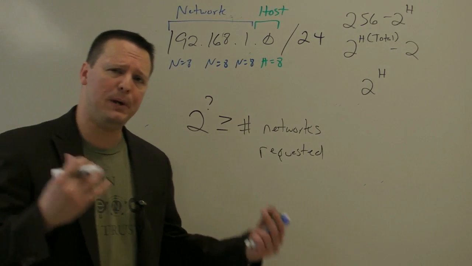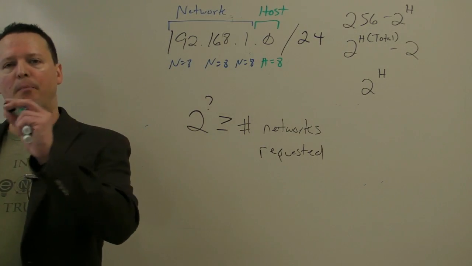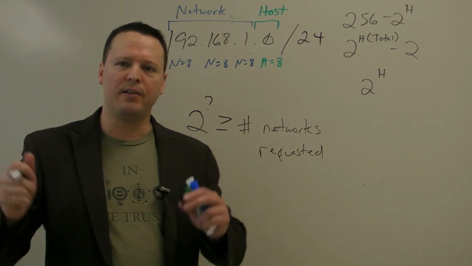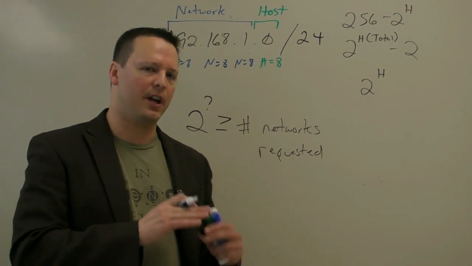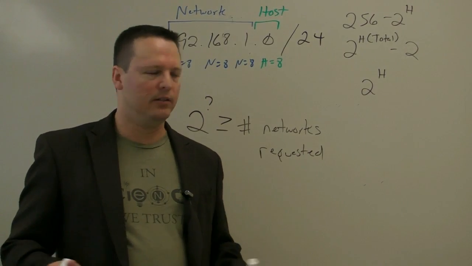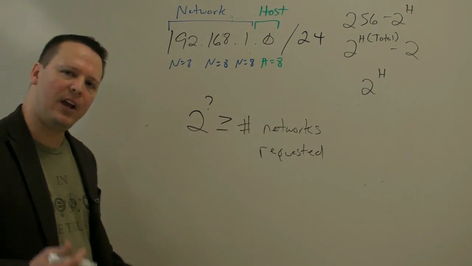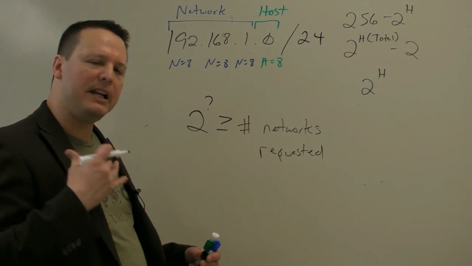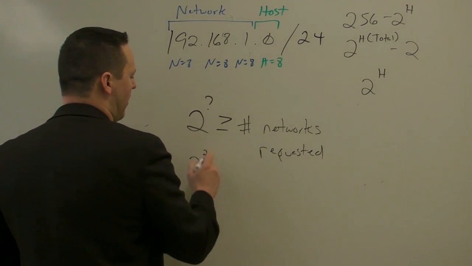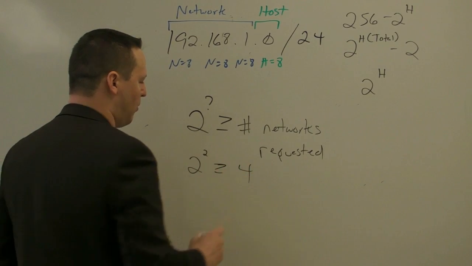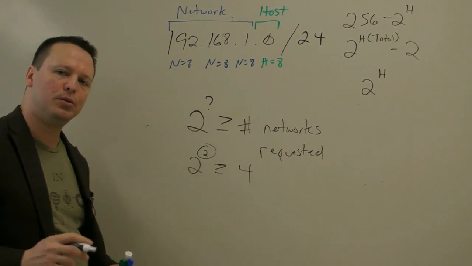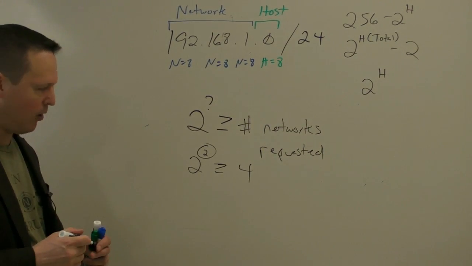You want to think in bits and be able to go from bits to the decimal value and the decimal value back to bits interchangeably at will. So, for my example, I said 4 networks. I immediately think 2 squared is greater than or equal to 4. I need to borrow 2 network bits to make this problem work.